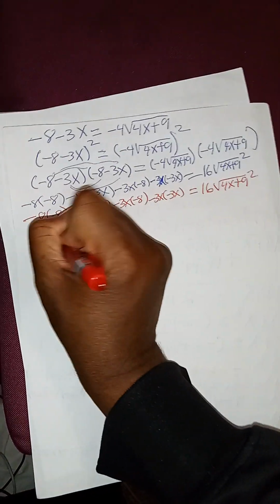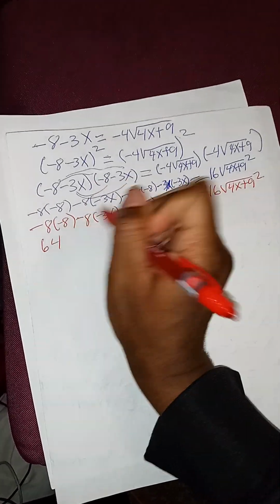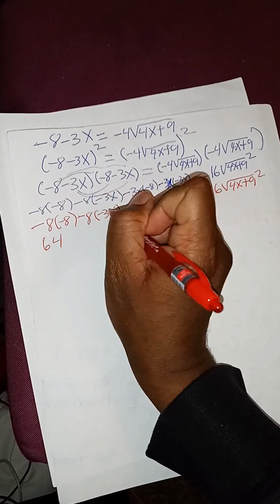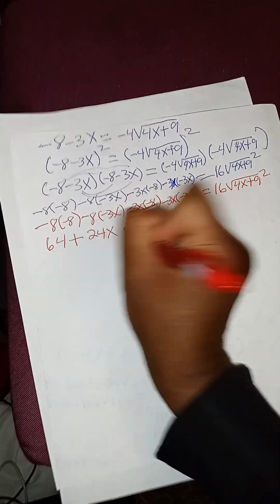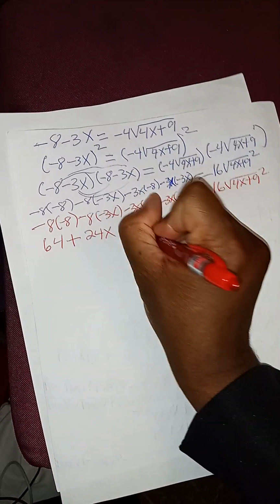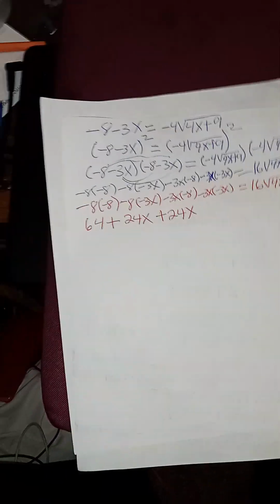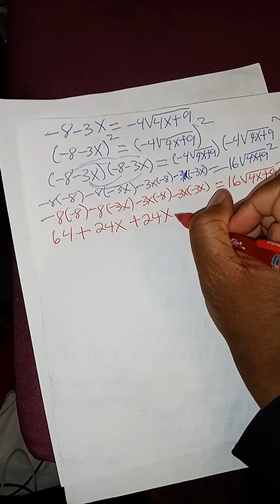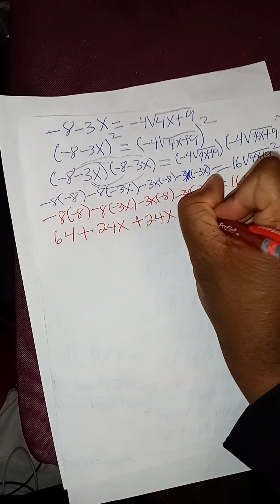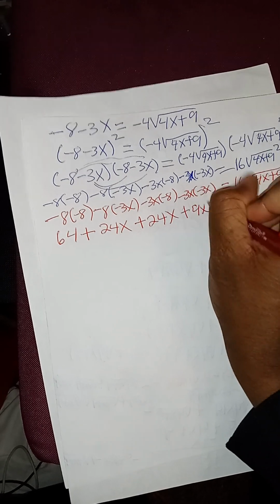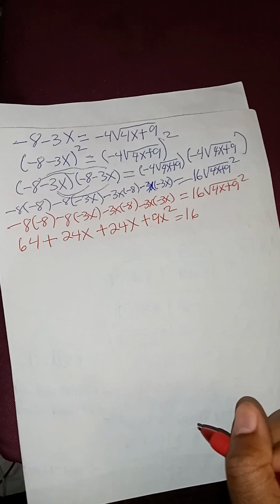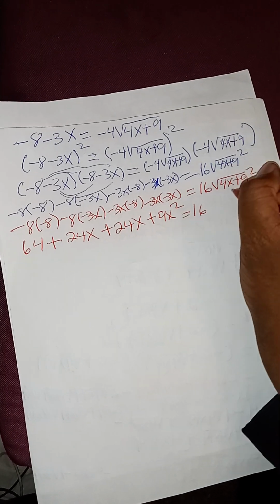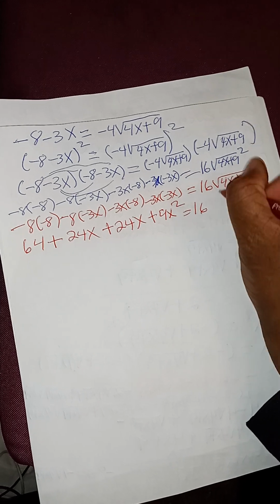So 64, a minus and a negative, so turns to positive, so plus 24x, and again plus 24x, and then -3x times -3x is going to turn to plus 9x squared, and then equals 16 times square root of 4x plus 9 squared. So the object comes out of 4x plus 9 times 16.